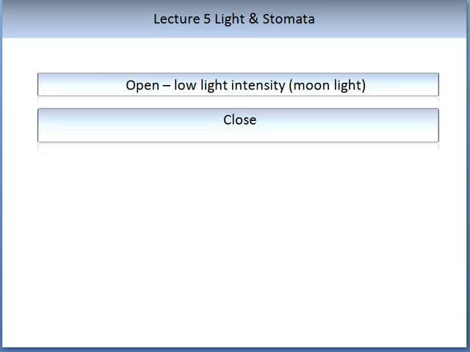Most plants used in agriculture are C3 plants, and we will discuss this in further lectures. There is a type of plant called a CAM plant, and these stomata open during the dark and remain closed during the day. This is a water-saving strategy. A cactus, for example, could be an example of a CAM plant.